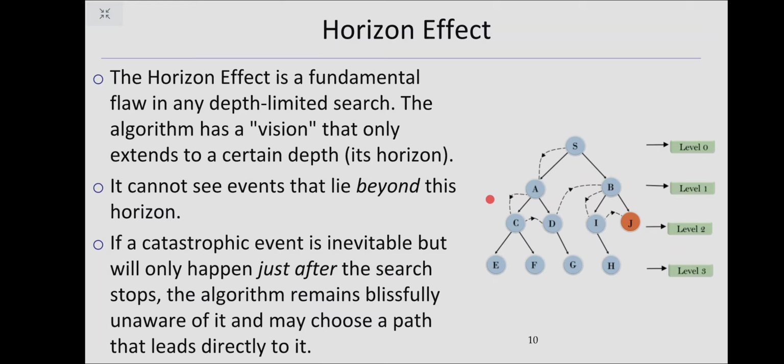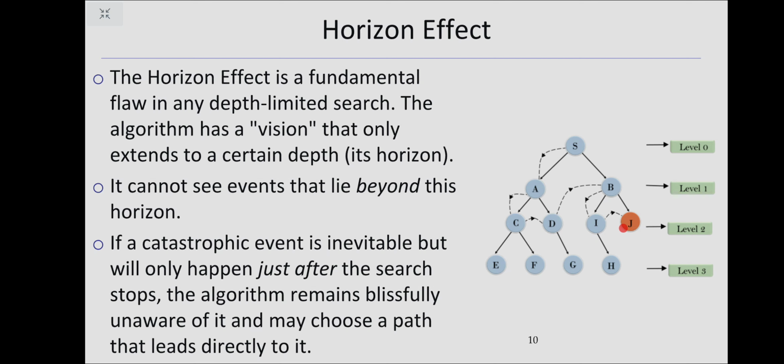But maybe in the next level, for example, level 2, there is another node, for example J, that is beyond the limited search, which limits your vision about understanding the status of J.